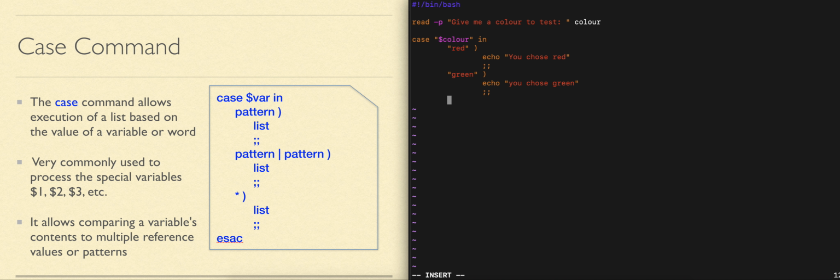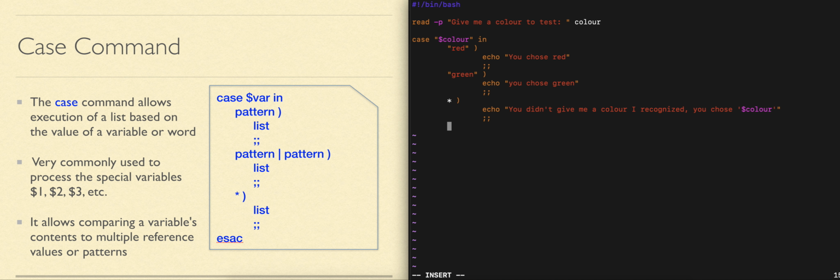We'll put the special pattern asterisk for our default to say it didn't match any pattern already presented. And for that one, we'll tell them we don't understand what they gave us. And we'll end the list of commands to be run for the default.